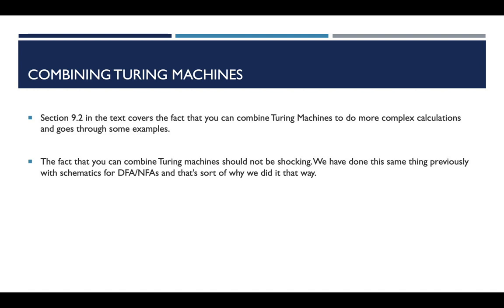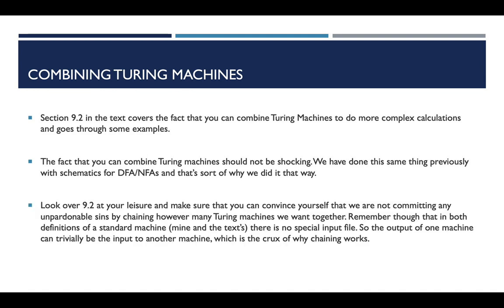And that's that if you can show that you can compose these machines, it is much easier to solve problems or show things are regular or show things are an element of a specific language, for example, by divide and conquering the problem. And so that's exactly what you can do with a Turing machine.